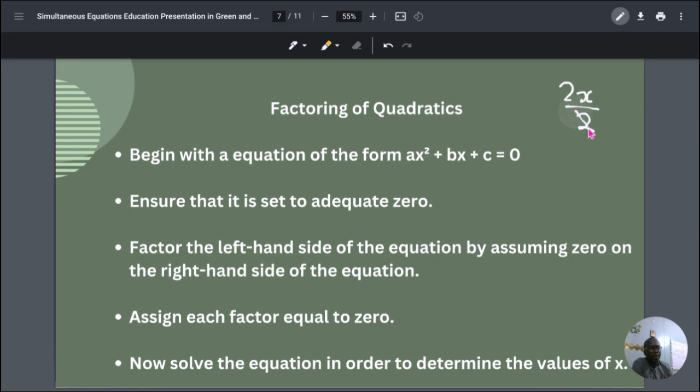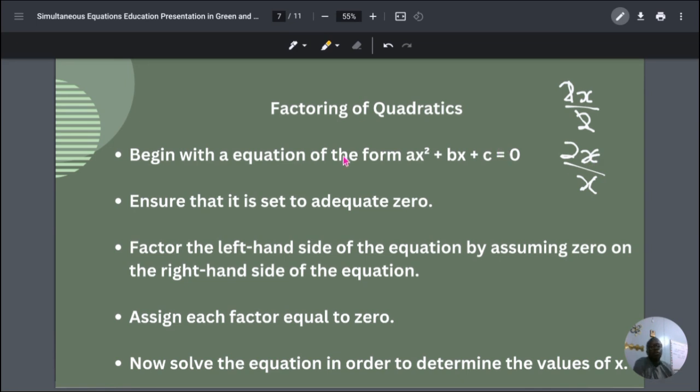So that's a factor. You can also use x to divide 2x, and of course this will cancel out this. So factors of 2x would be 2 and also x. I want you to assimilate that very well, and then we move on from there.